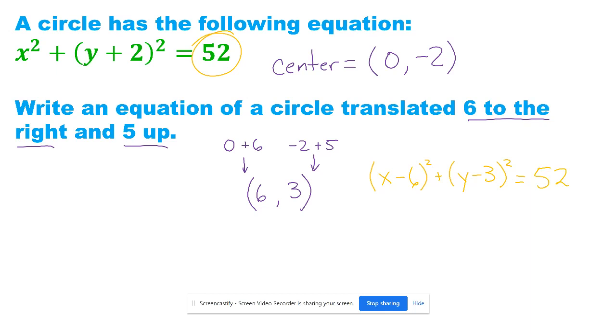So that's how you do a translation. Again, identify the center point, move those coordinates the right number of spaces, left, right, up, down, and plug it back into the equation. The radius, the r squared, stays the same. And so that is an example of a few of the different types of questions and problems we'll deal with that involve the equation of a circle.